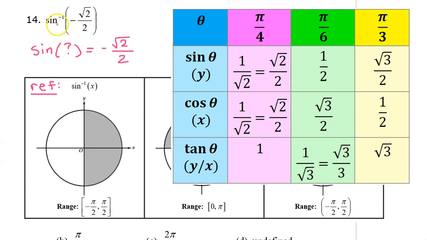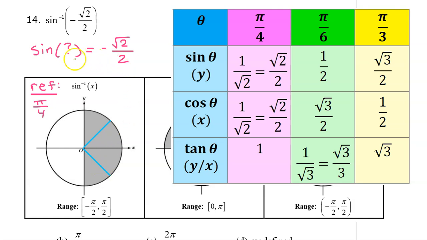To evaluate the arcsine of negative radical 2 over 2, you ask yourself the sine of what angle is equal to negative radical 2 over 2. We can find the reference angle by ignoring the negative sign. Since the sine of pi over 4 is radical 2 over 2, pi over 4 is the reference angle. Within the restricted range for arcsine, here are the two angles with a reference angle of pi over 4.